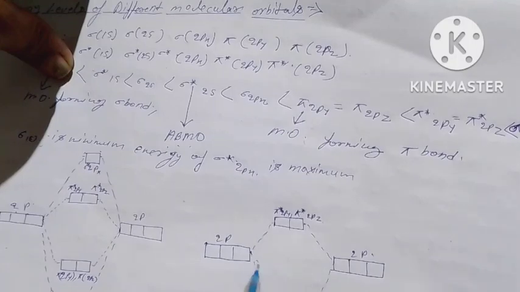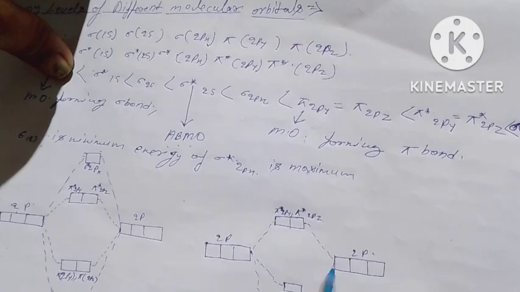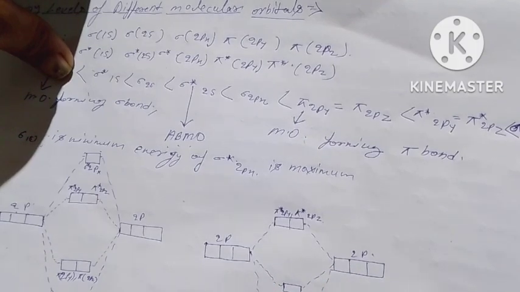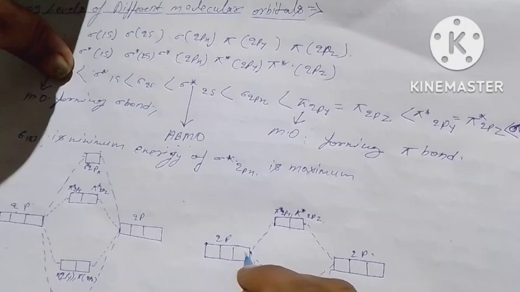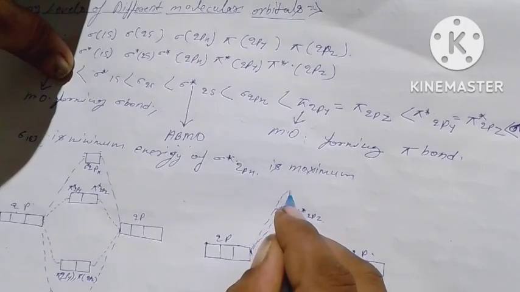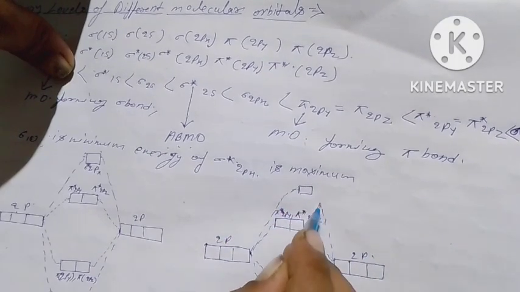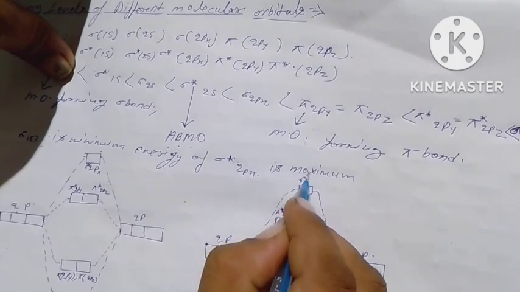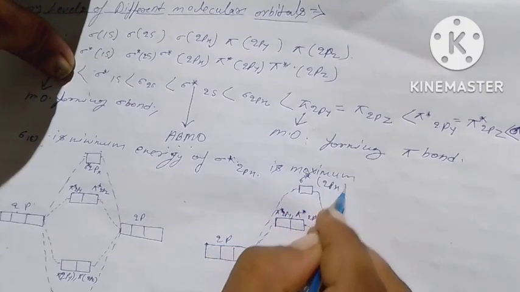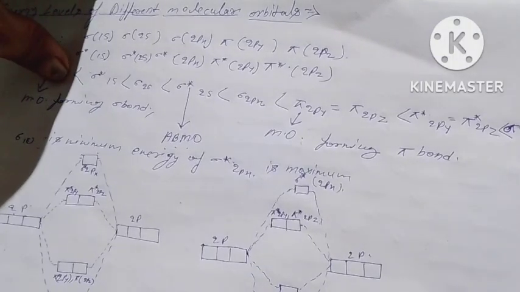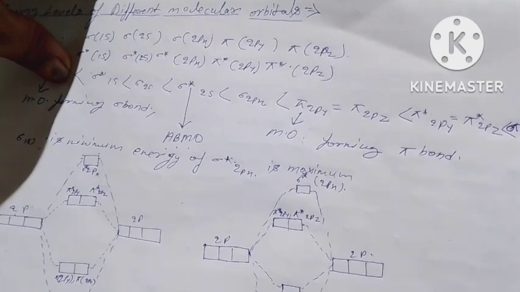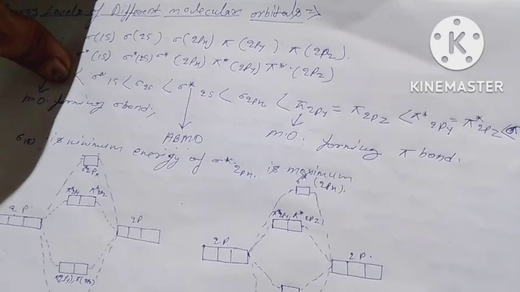And this is sigma 2px, and above it sigma star 2px. This is the figure for boron and carbon.